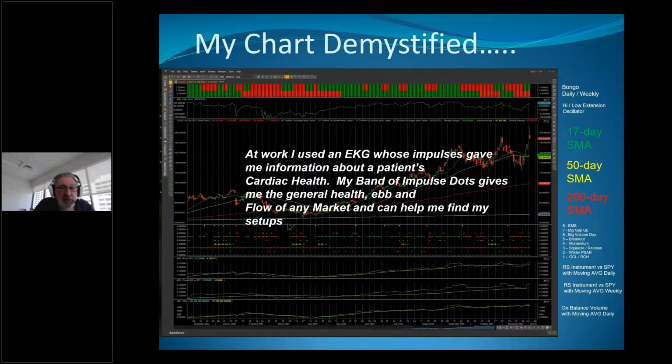So an EKG, and I'm sure many of you have had EKGs, is we put these little sticky things on your chest, your arms, and your legs, and your heart generates a little electrical current, and we look at that current, those impulses, and it tells me your cardiac health. All right. Why can't I do that with stocks? Why do I have to have fancy names and all kinds of indicators messing up my price and volume? I want an EKG of the stock market or of a stock or an industry group. And that's what my chart is all about.